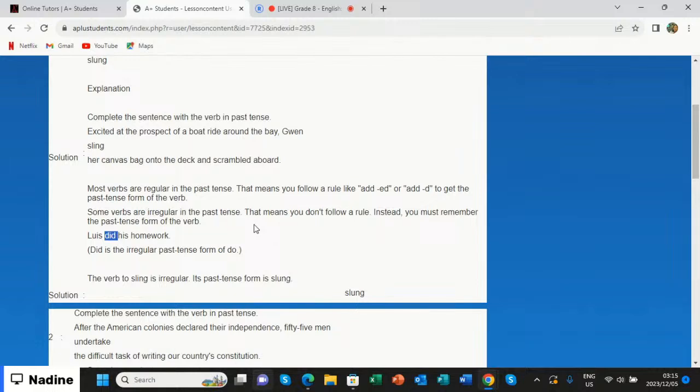So do is a verb, and the past tense of that verb is did. It's like I do something now, and in the past, I did something. So I do my homework now. In the past tense, I did my homework.